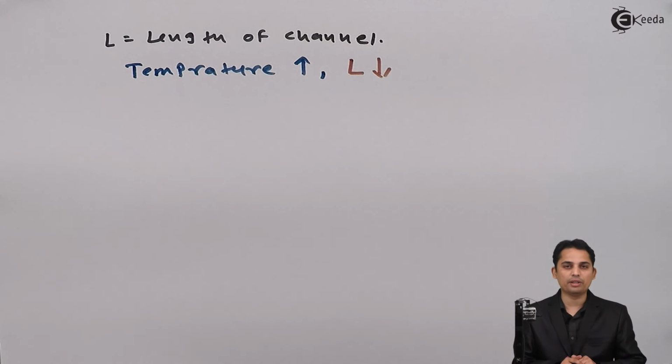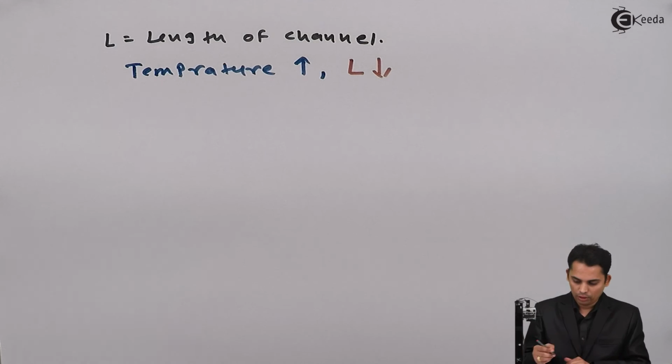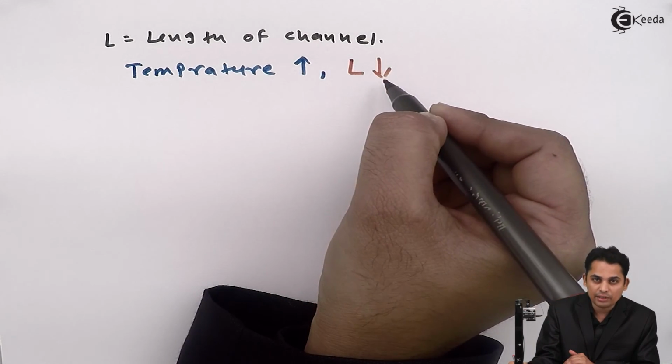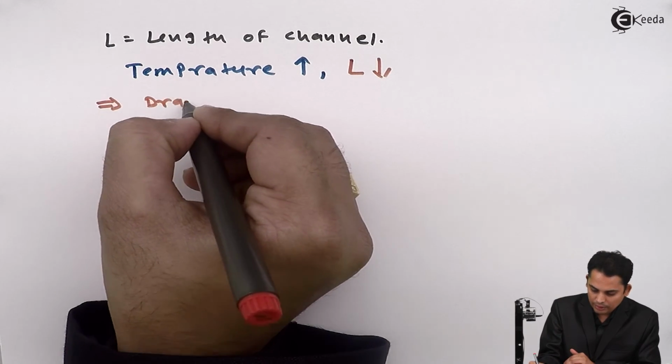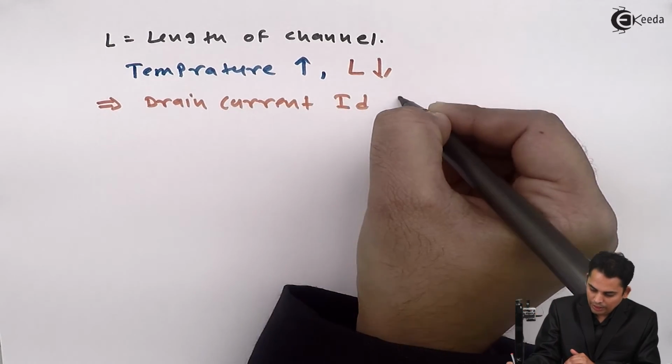As channel length is decreasing, drain current will increase because now electrons have very little barrier. They can easily cross the barrier, that is the depletion region, to reach the other side, that is from source to drain. So as temperature is increasing, channel length is decreasing, and ultimately drain current ID increases.